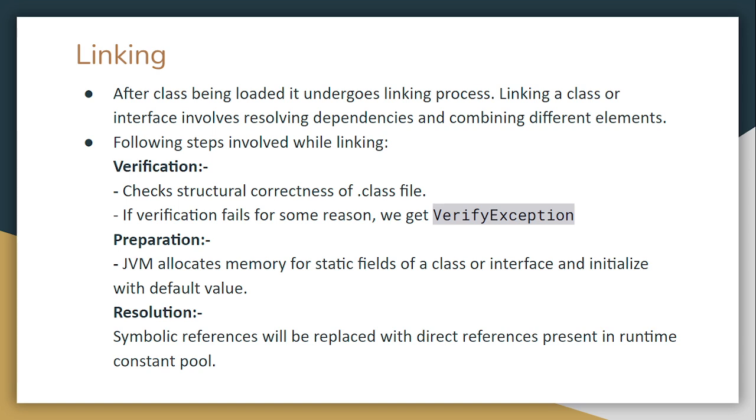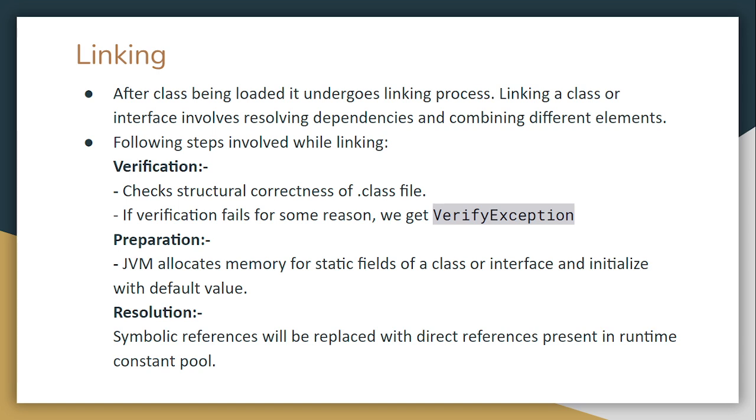Next is preparation. In this step, JVM allocates memory for static fields of a class or interface and initializes them with default values. Let's say we have a static boolean and we have assigned it true.